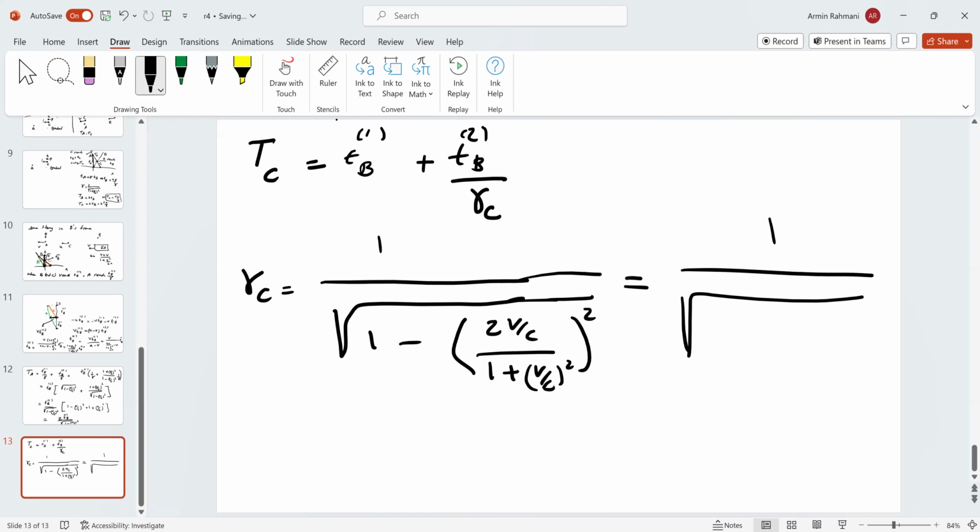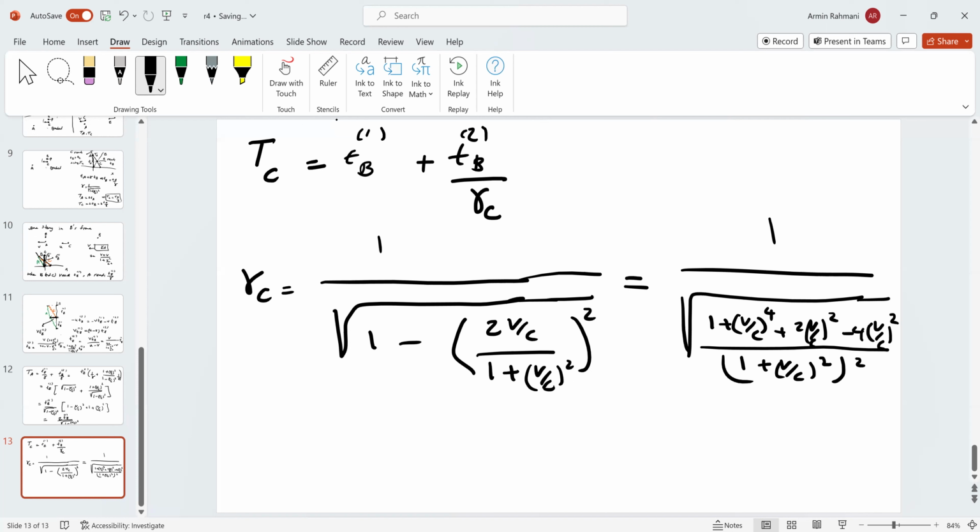If I expand it, I get 1 plus v over c to the fourth plus 2 v over c squared. And then this is minus 4 v over c squared. Here I have 1 plus v over c squared, quantity squared. So I just expanded this thing. I get 3 terms, and I combine it with this.